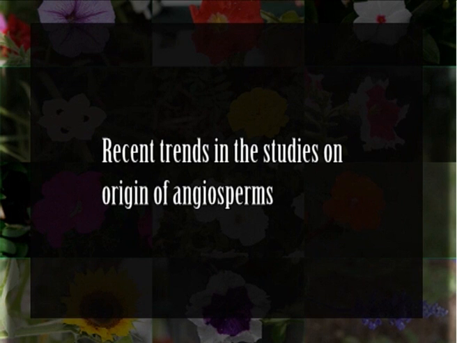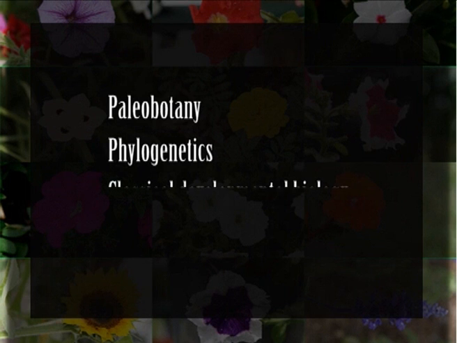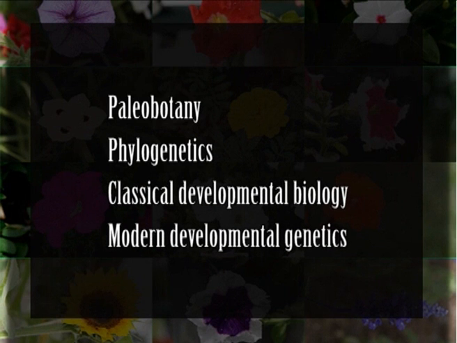Now, let us analyze the recent trends in the studies on origin of angiosperms. Through contributions from paleobotany, phylogenetics, classical developmental biology and modern developmental genetics, tremendous progress has recently been made in elucidating the origin and diversification of the angiosperms. Fossils have contributed a lot.